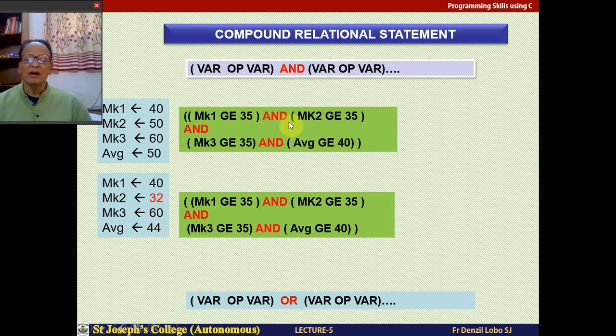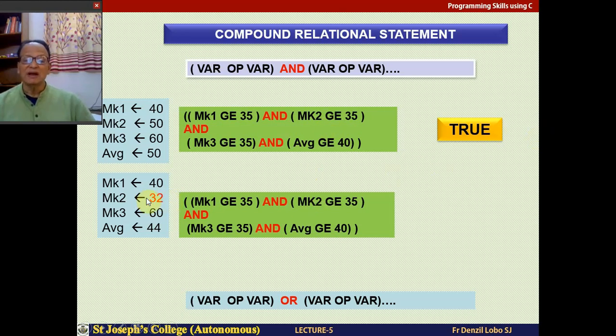Then you combine them, link them using the logical operator and: this and this and this and this. When all the four relational statements are true, it is going to be true. As you see there, since the marks are more than 35 and the average is more than 40, it is true. So the value of this compound statement is going to be true.